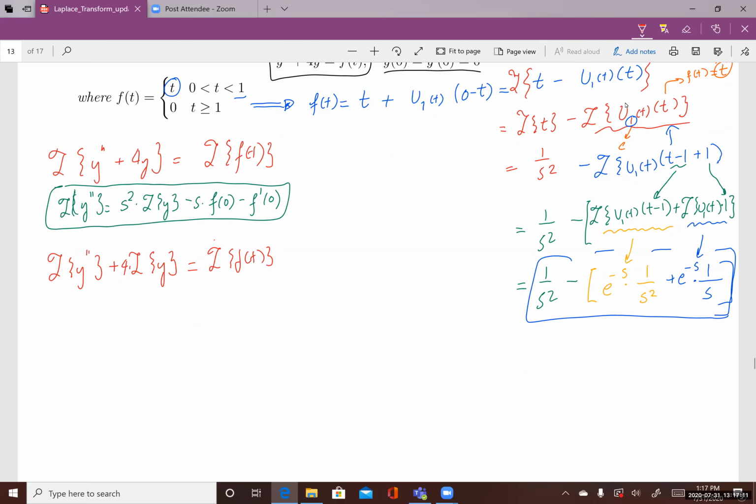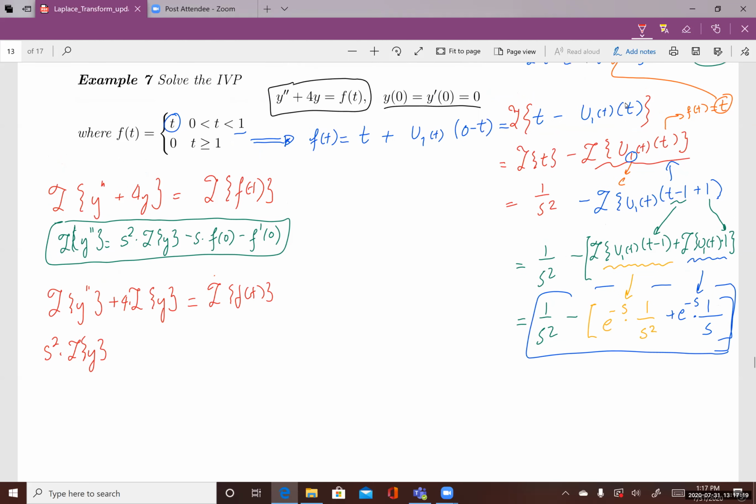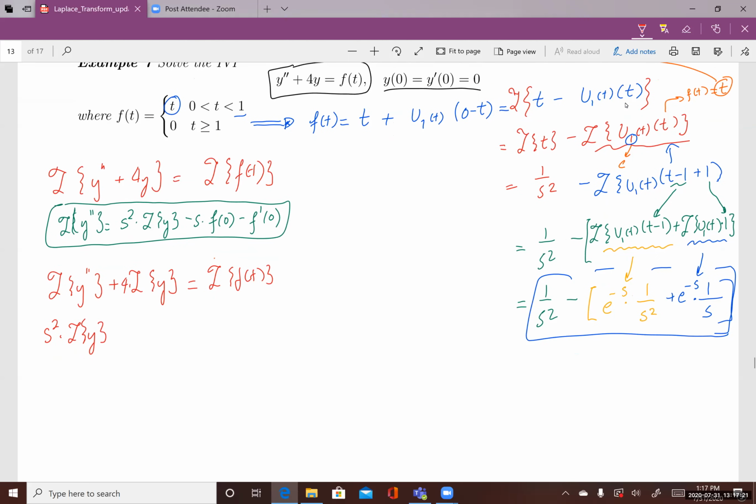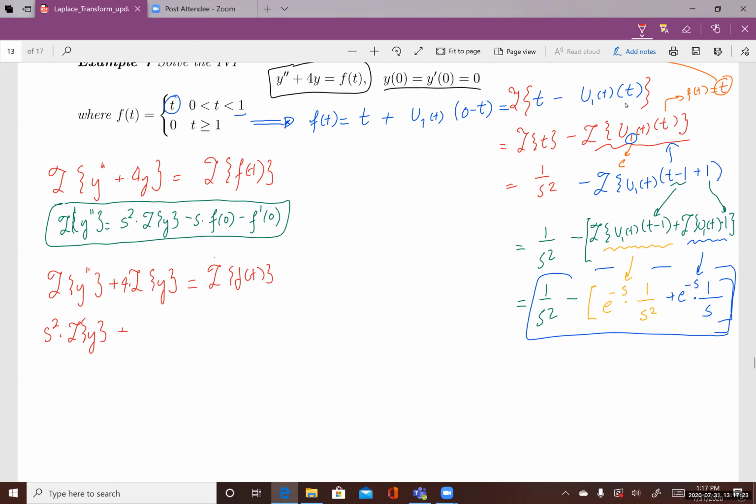From here, I use this formula. I have s squared multiplied by the Laplace transform of y. f of 0 is 0, f prime of 0 is 0, so it's just going to be 0, and then you add 4 times the Laplace transform of y equals the Laplace transform of f of t.